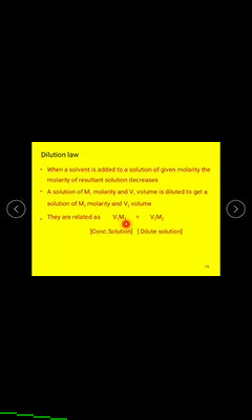The volume of solvent to be added to the concentrated solution is V2 minus V1, because we are adding excess water, so V2 is more than V1.